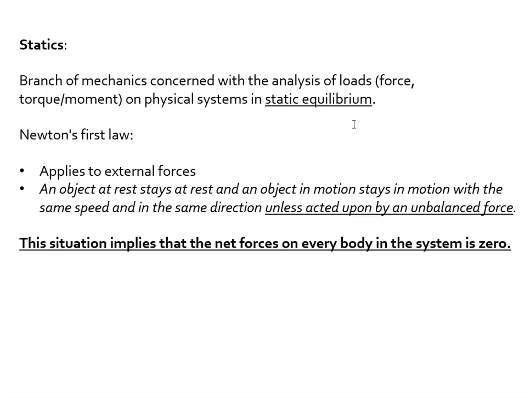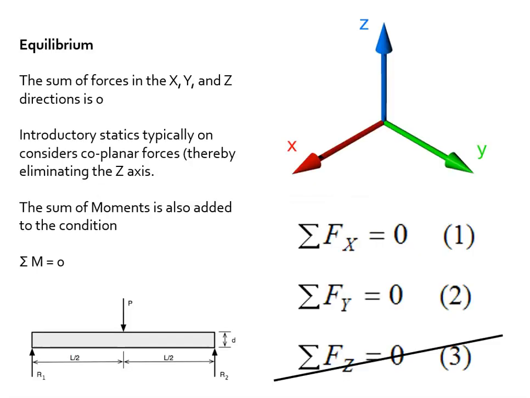So let's just say it's 100 pounds down, and then it's 100 pounds back up, and that all nets out to zero, and that's what says we are in equilibrium. Okay, so that is at the most fundamental level what we're discussing. For it to be the study of statics, it must be in equilibrium, and for us in the world of buildings, that means that they are at rest.